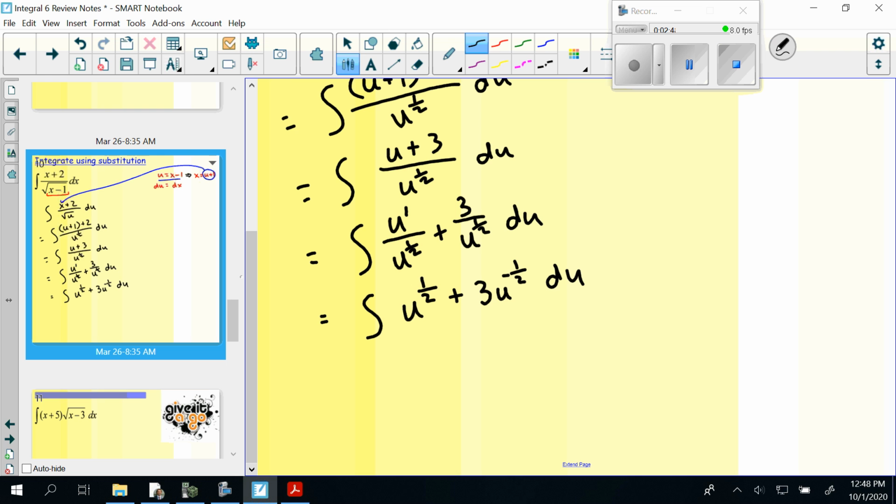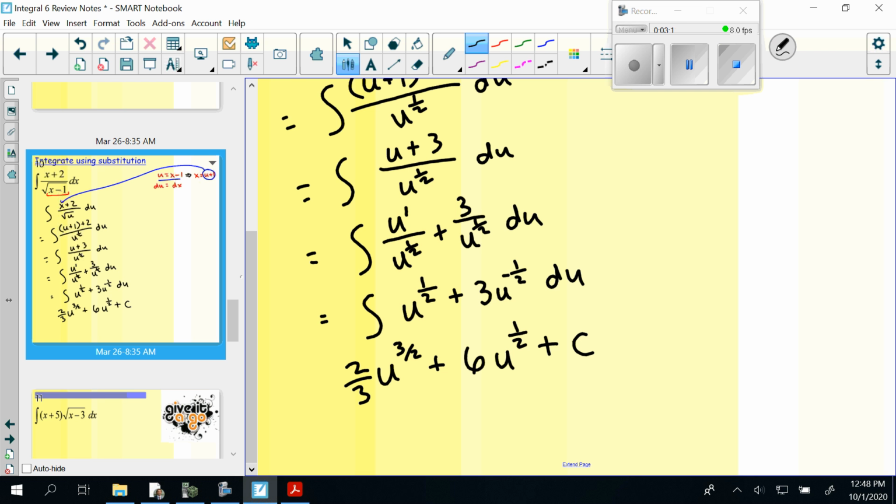Now that's an integral we know how to find. So find the antiderivatives, and we should get to the solution here. Going up from 1/2 would be 3/2, reciprocal is 2/3. Here, going up 1 would be 1/2, reciprocal is 2, times 3, that would be 6, plus some constant.